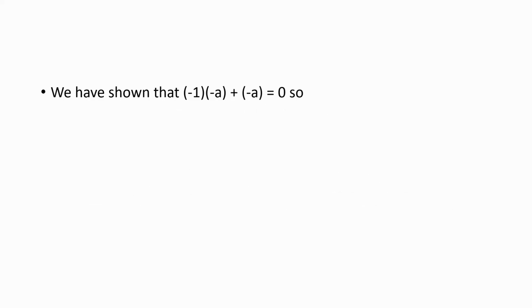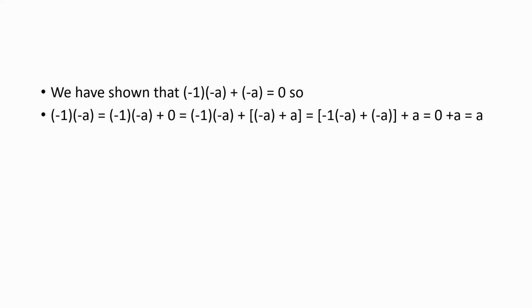So we've shown that -1 times -a plus -a equals 0. So if we take -1 times -a and add 0 to it, well, 0 is the same as -a plus a. So we now get that -1 times -a equals -1 times -a plus -a plus a.